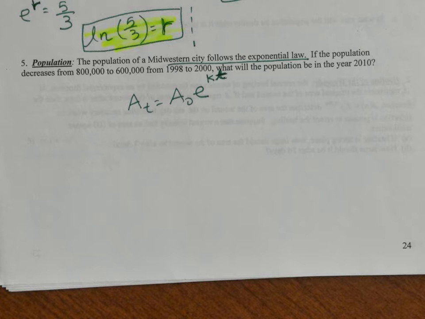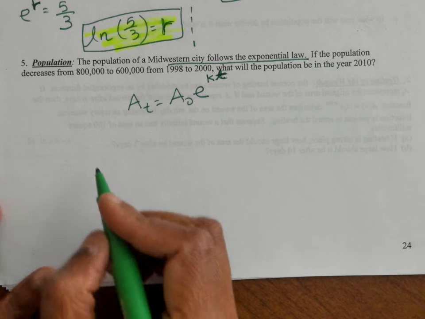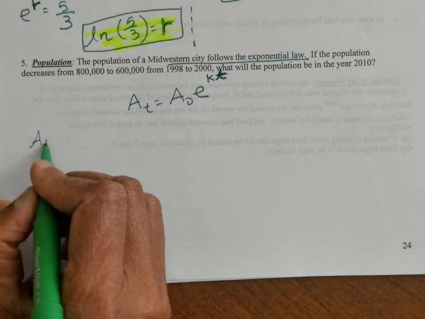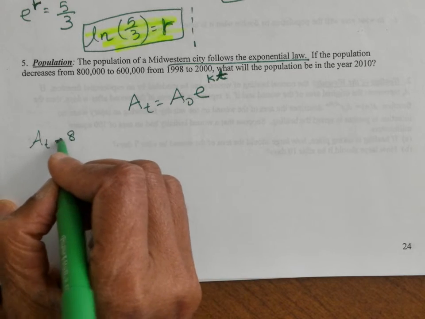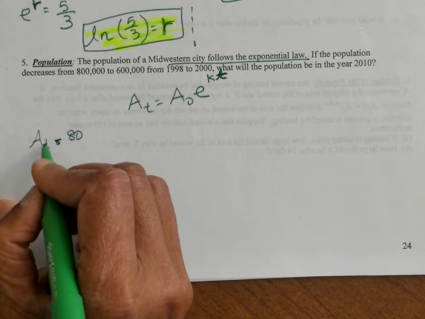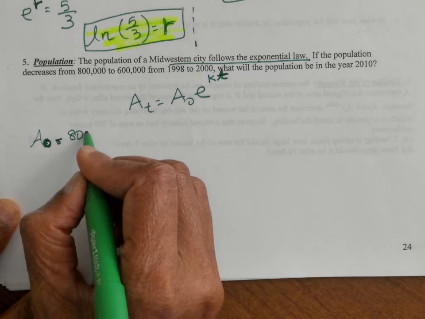Okay, so I know that I have to use that formula because it says it follows exponential growth. If the population decreases from 800,000 to 600,000, so here the AT will be lower than A0 because it's decreasing. So what's my AT here? No, I'm so sorry, A0. A0 is 800,000.